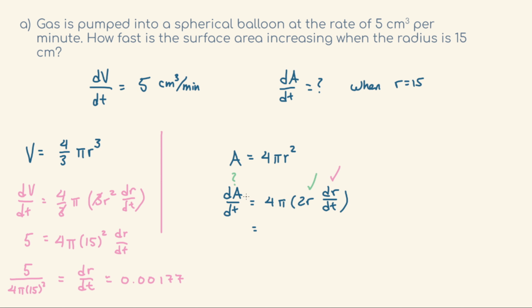We don't know what this is, so let's just leave it on the left side here. We've got 4 times pi times 2 times 15 times 0.00177. And that's going to come out to 0.67 centimeters squared per minute. Okay? And that's the answer for question A.